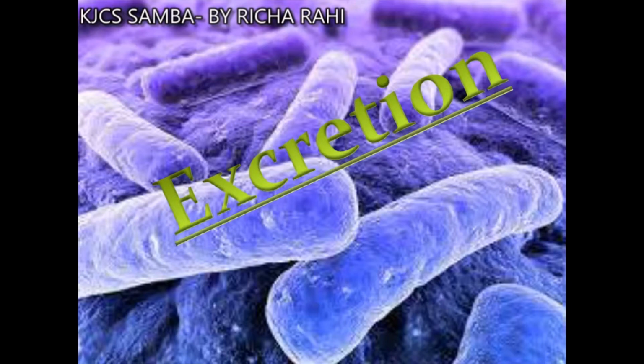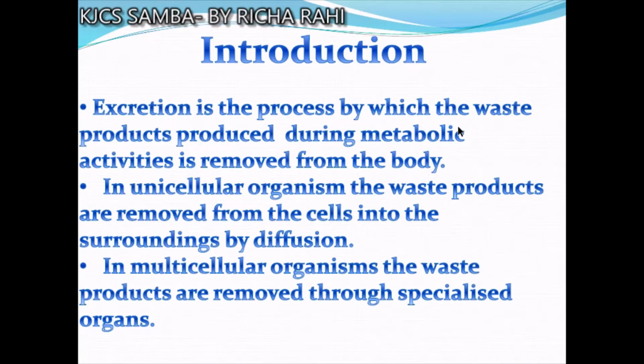Students, as you all know, we were doing the chapter life processes, and the last topic of your life processes chapter is excretion. So first of all, I will give you a short introduction about excretion, that is, what is excretion. It is basically a process by which the waste materials like nitrogenous waste, like urea and uric acid, are removed out from your body.